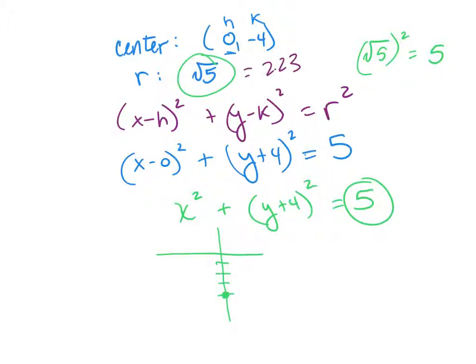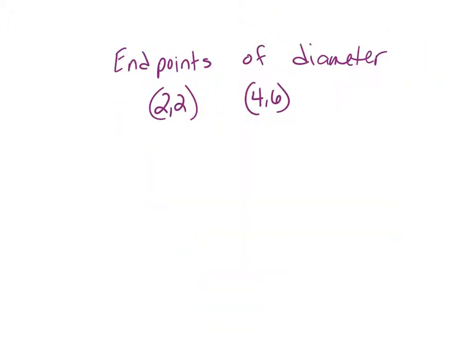So this is like the hardest thing you'll ever do. You go up 2.23, you go right 2.23, you go left 2.23, and you go down 2.23, and you draw your circle.